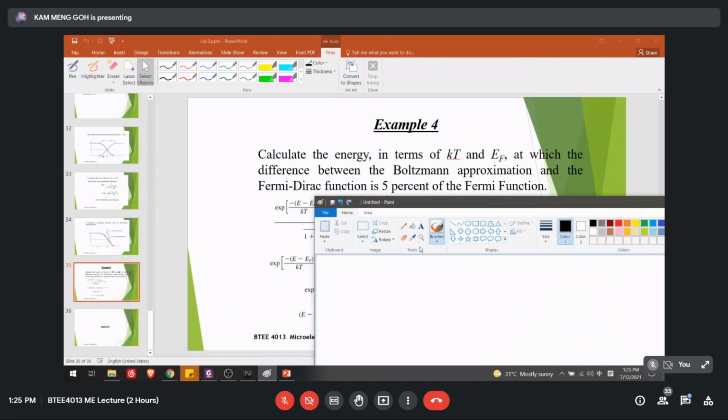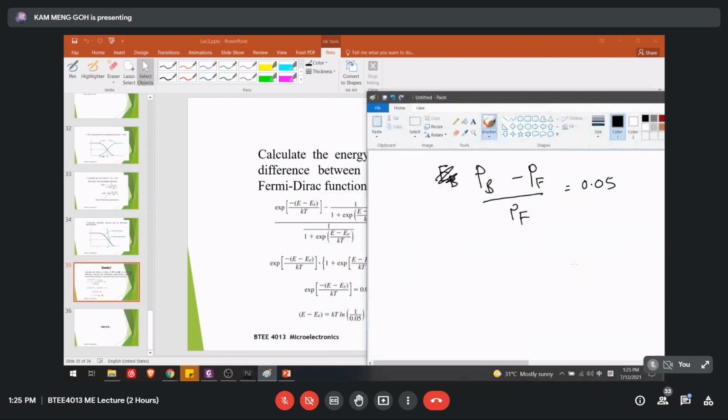So there are two kinds of energy. The difference between the Boltzmann probability PB, which we label EB, minus the PF, over PF is 5%, which is 0.05.